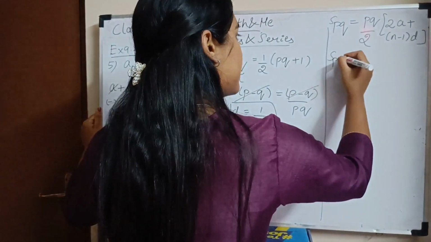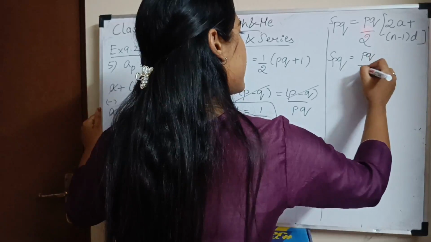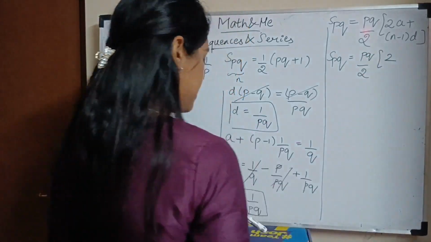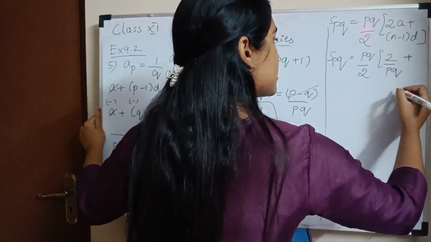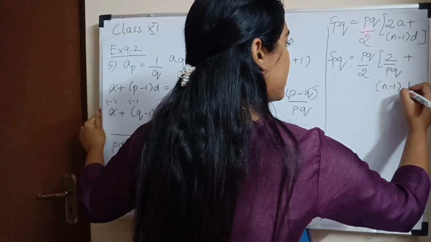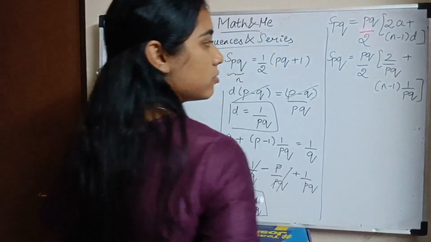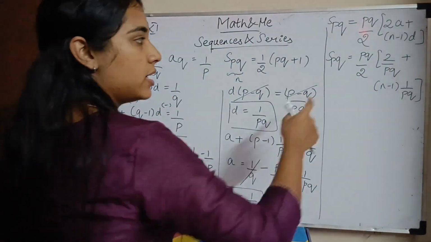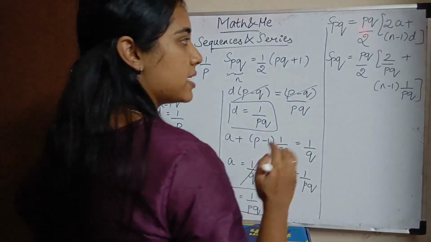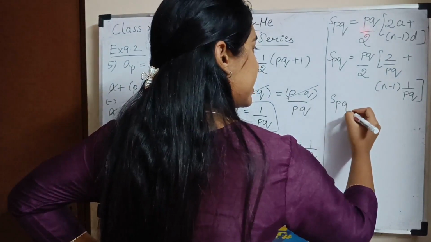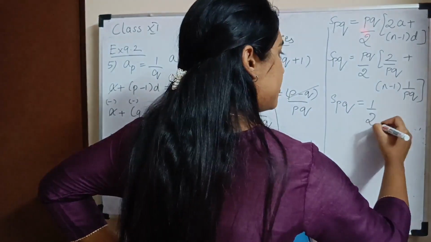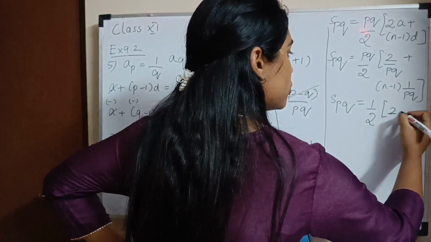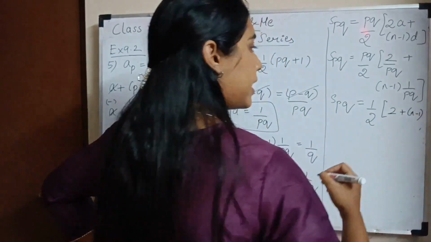So S_pq equals pq by 2 of (2 times 1 by pq plus (n minus 1) times 1 by pq). When I take 1 by pq outside, the pq and pq get cancelled. So S_pq equals half times (2 plus n minus 1).